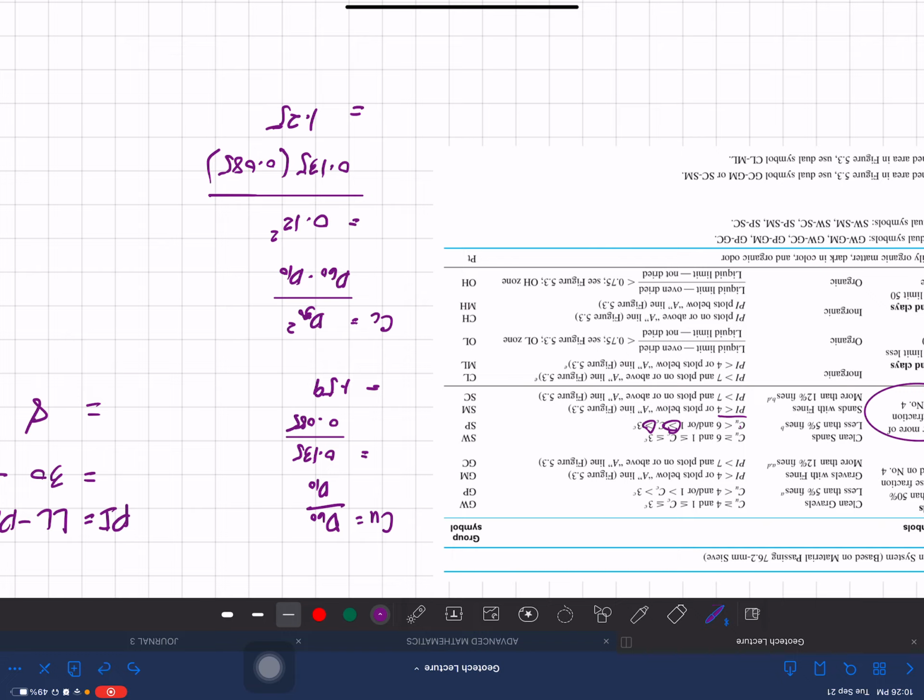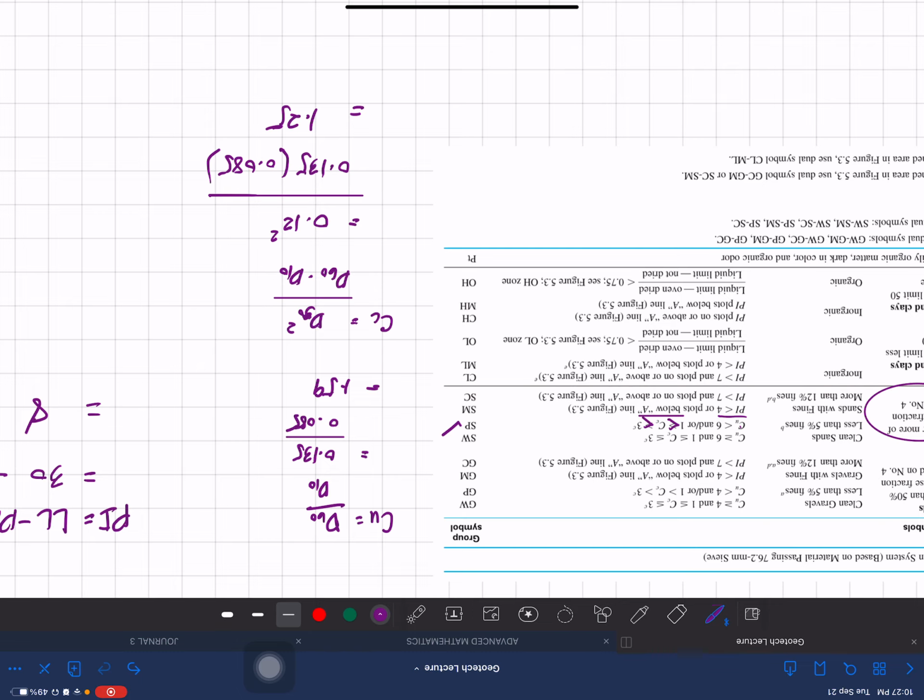So, that should be CC is greater than 1 but less than 3. Masasatisfy niya din ito. Huwag kayong ma-confuse ha, dapat ganito yan. Okay, nabaliktad lang. So, from there on, you can say na it is under group symbol SP.